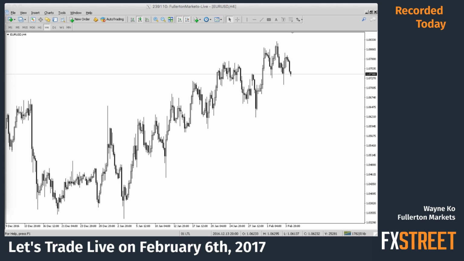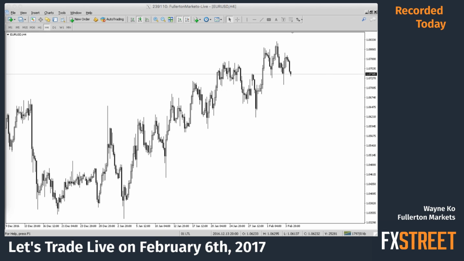So we don't need to stare at the screen or wait there for half an hour or so. If you need to log into your computer, you can do it 5 to 10 minutes before, set up your charts and platform nicely. And you can place your pending order just 3 to 5 minutes prior to the news.